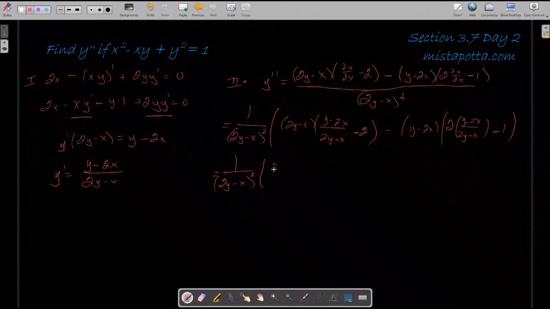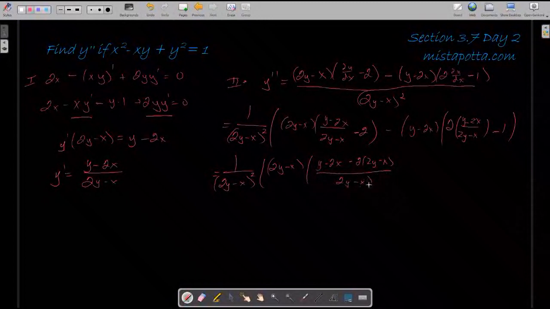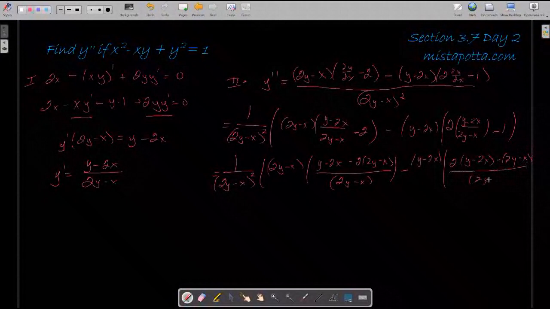But over here, I'm going to have 2y minus x times y minus 2x minus 2 times 2y minus x over 2y minus x, minus, over here I've got y minus 2x times 2 times y minus 2x minus 2y minus x, all divided by 2y minus x.